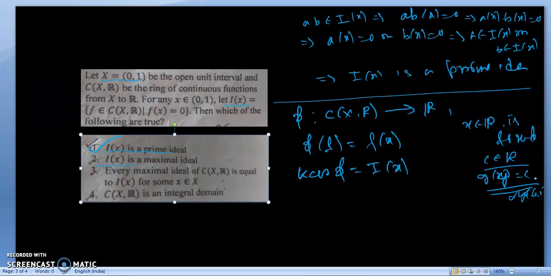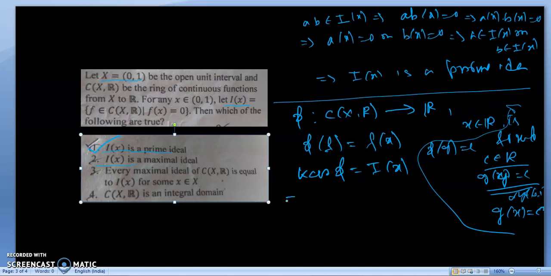This is a constant function, taking the value c at all points. That means obviously g(x) is also equal to c, so phi(g) equals c. As c is arbitrary and we get g, we can say that phi is a surjective function.